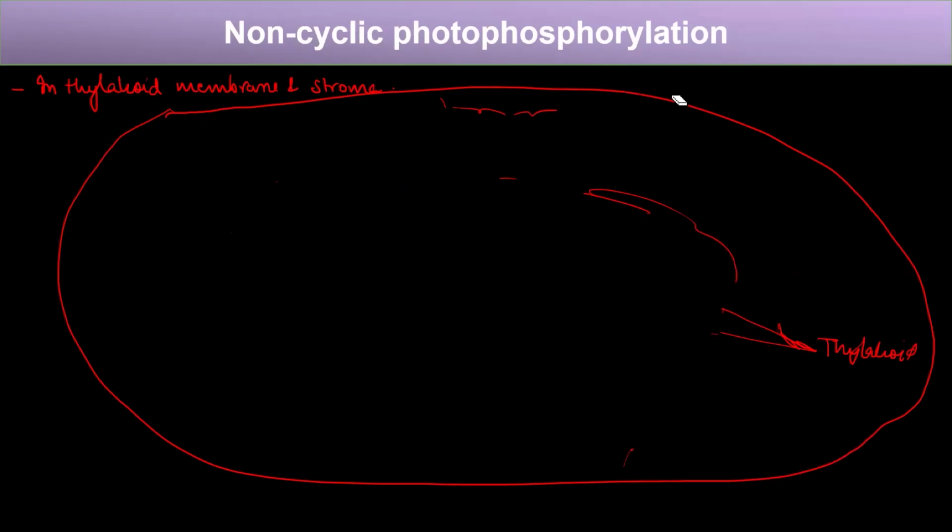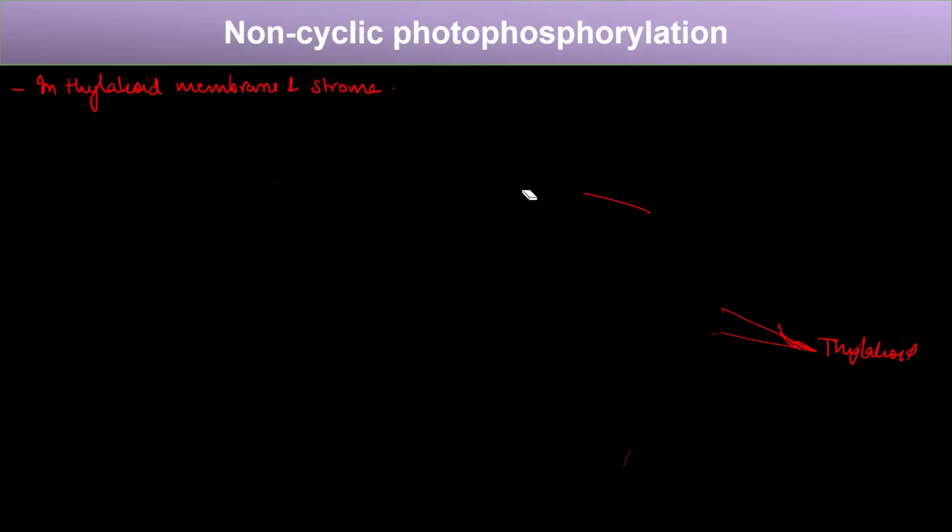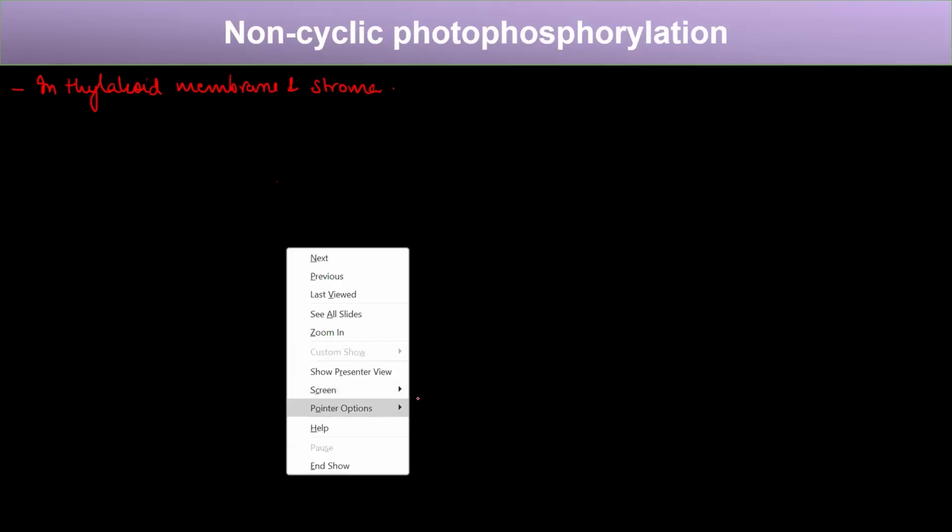Okay. Now let's see. Let me erase this and see how this non-cyclic phosphorylation is taking place. So say this is the inner membrane of the thylakoid.